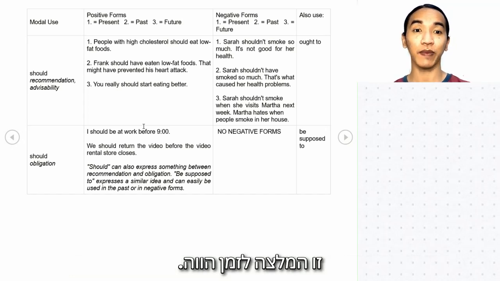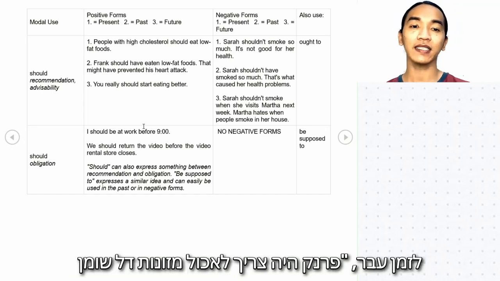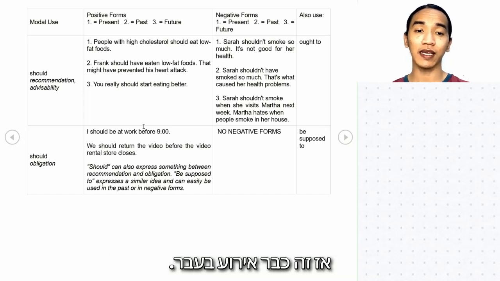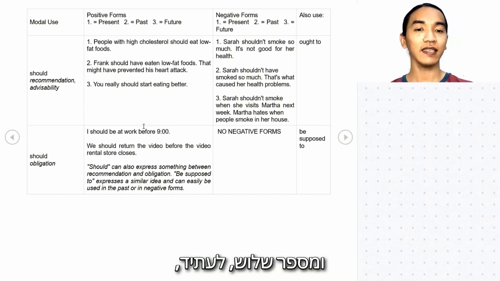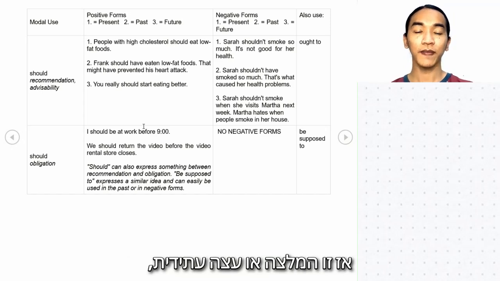Okay, that is a recommendation for the present time. For the past, Frank should have eaten low fat foods. That might have prevented his heart attack. Okay, so this is already a past event. So you are also recommending in the past. All right. And number three, for the future, you really should start eating better. So, future recommendation or advice.